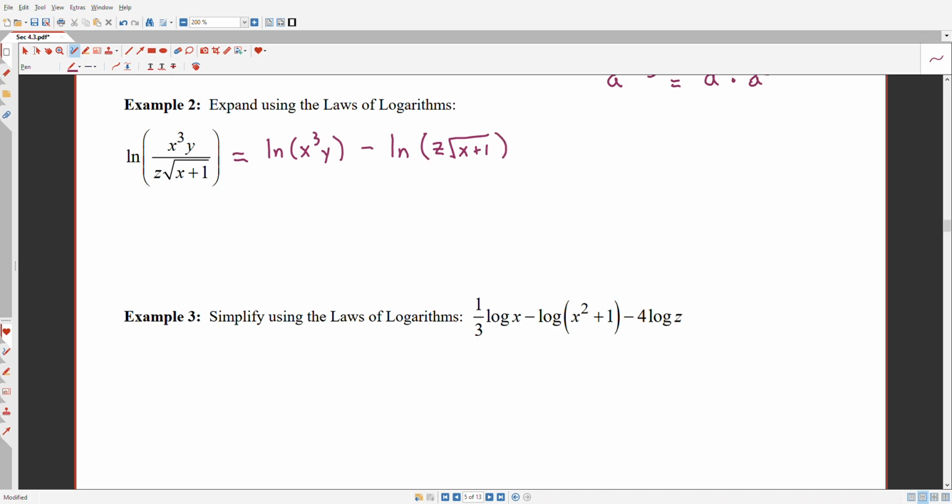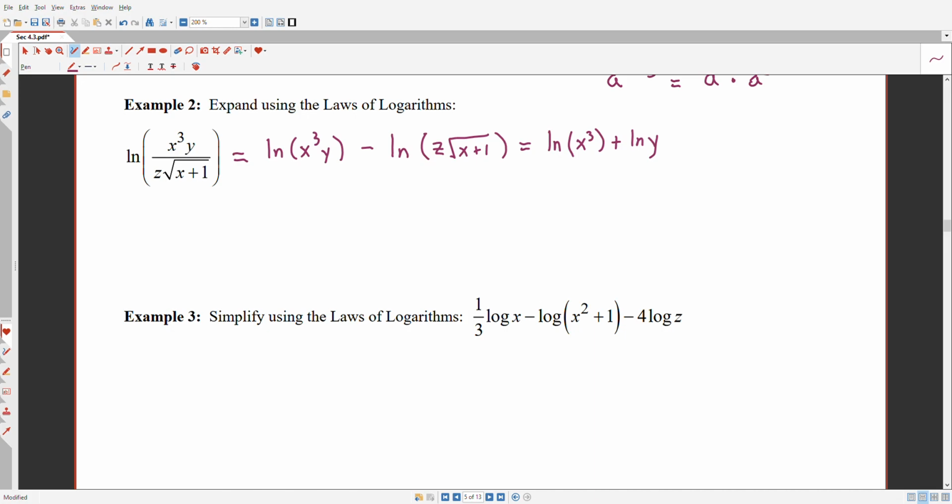But wait, there's more, because that first natural log term is a product. So I can break that up, saying the natural log of x cubed times y, well, that times I can write as a plus. That'll turn into the natural log of x cubed plus the natural log of y.